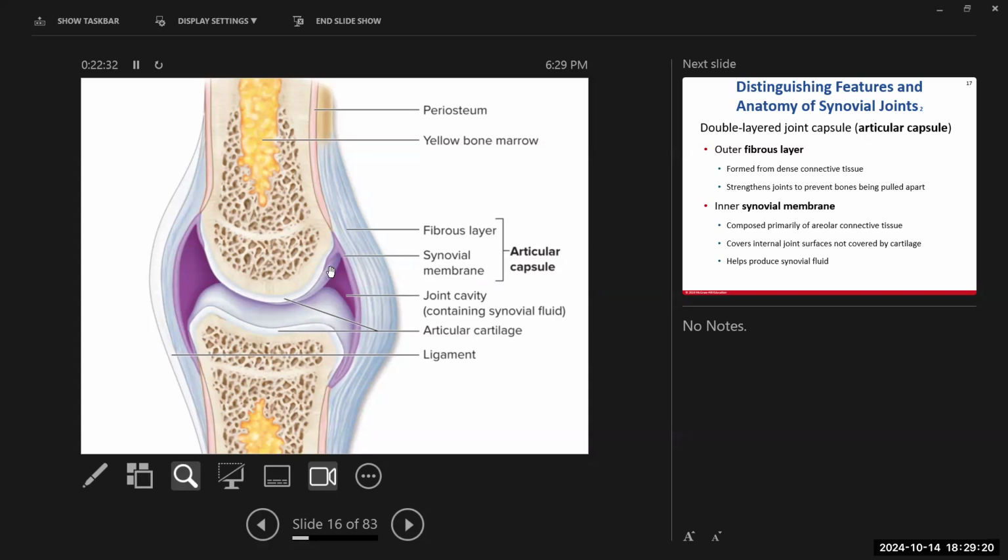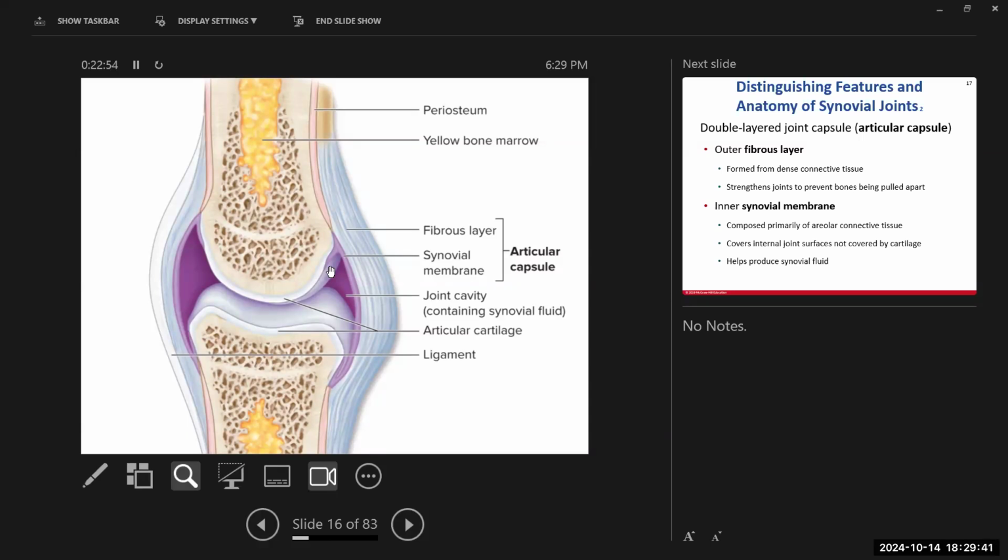Now we also see we have this cavity, this space here, and that's filled with the synovial fluid. And surrounding the joint itself, you have this capsule. We'll talk about the different parts of the capsule. The outer part is made up of dense connective tissue, and that's the fibrous layer.